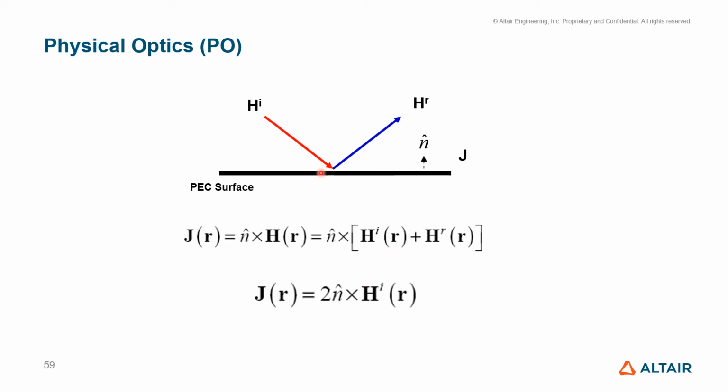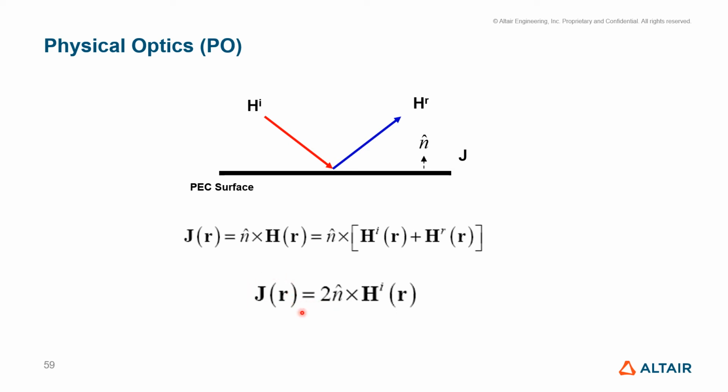Because it's an infinite ground plane and those two are the same value, we can say the current on the infinite ground plane is 2n cross H. Here we know the incident magnetic field, we know the normal to the surface, and of course we can multiply by 2 and get the current.